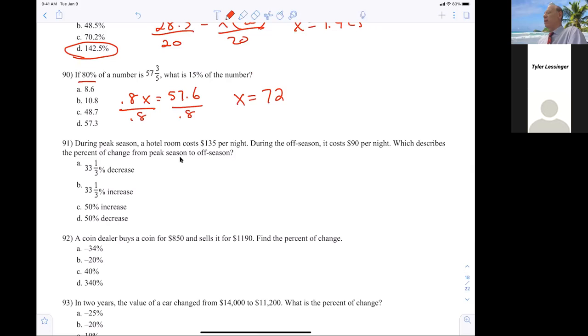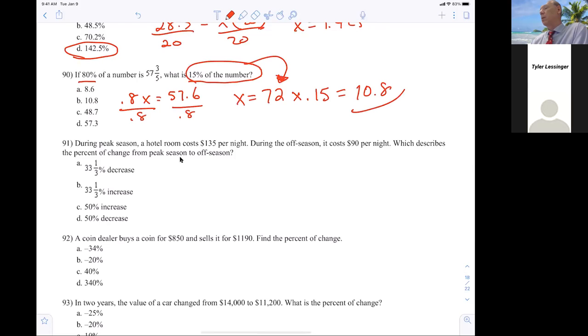But that's not the answer, because they want what? 15% of this number. So now you multiply that by 0.15 and tell me what that is. How much? I think it's 10.8. How did I get the what? 80% means what? 0.8. Everybody okay with this? All right, here we go.